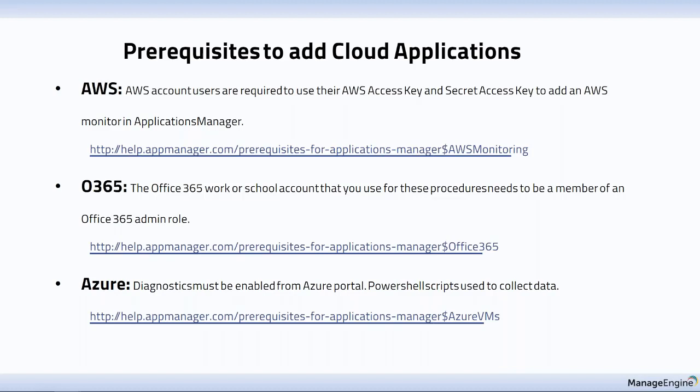Next, we have Office 365, where the account being used should be a member of an Office 365 admin role. And lastly, in Microsoft Azure, PowerShell scripts or remote PowerShell scripts should be enabled to collect data.